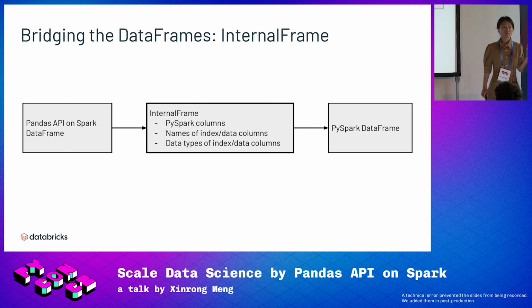So the internal frame is like a bridge connecting both worlds, Pandas on Spark and PySpark, and it carries critical metadata for the conversion. For example, PySpark columns, and names and data types of index and data columns separately.